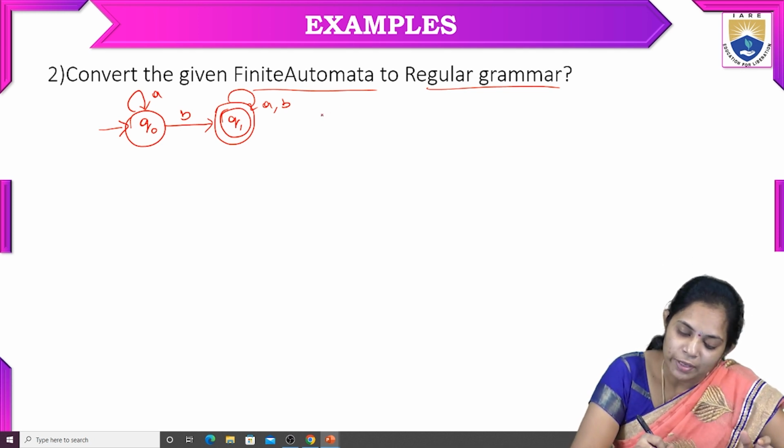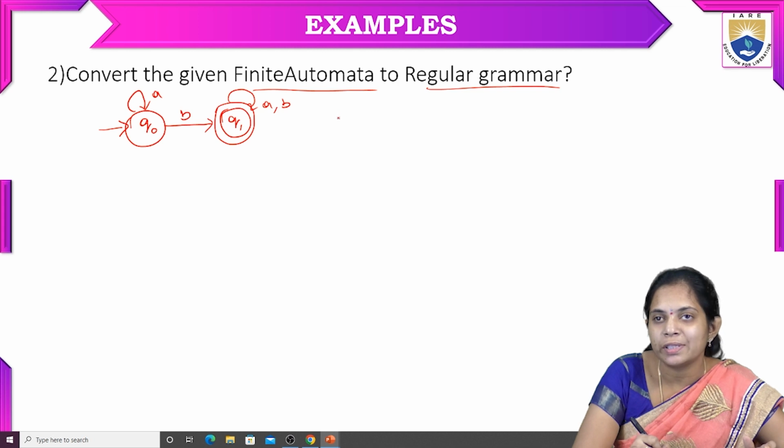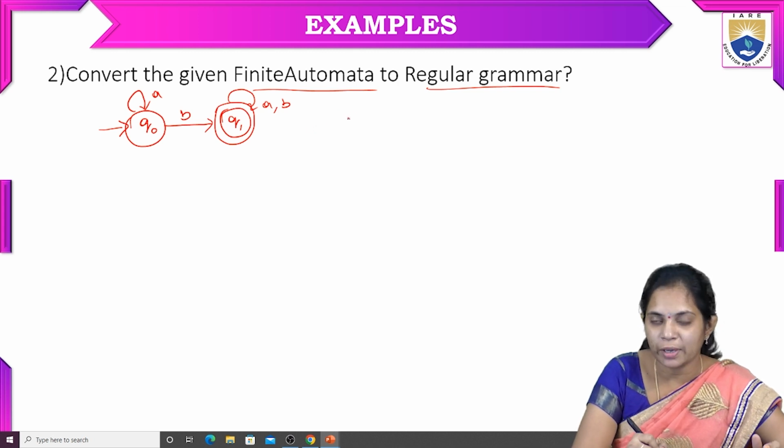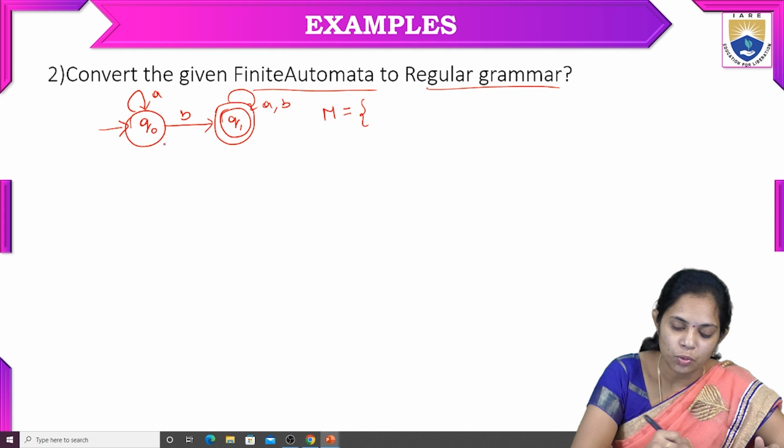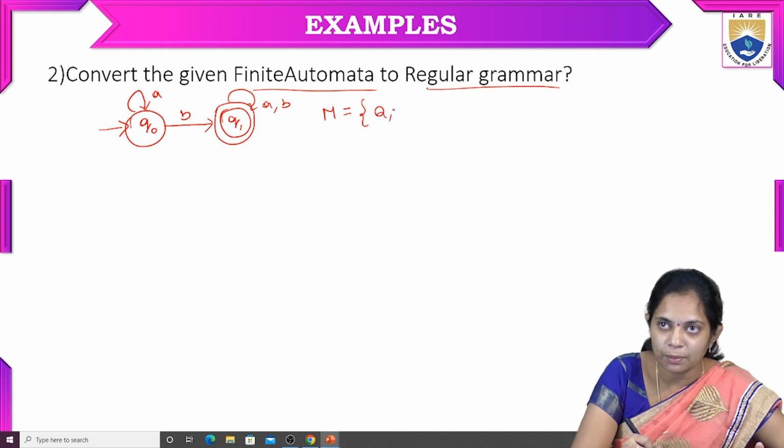In this one, the first step is to identify the five tuple for this finite automata. Let us assume this finite automata as M. Let us first write what the five tuple for a finite automata is: Q, sigma, delta, Q naught the initial state, and F the final state.